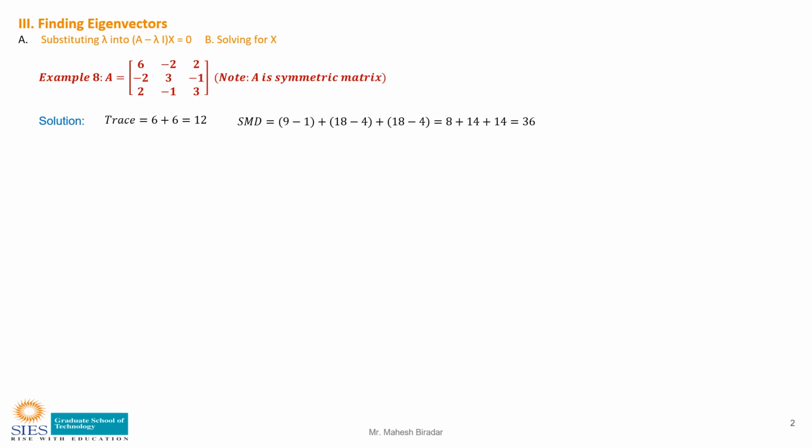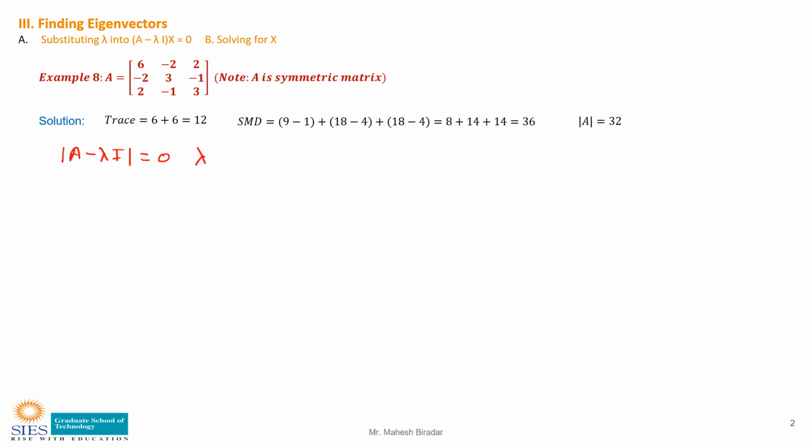As usual, what we have done in the previous example, same procedure we are going to follow to calculate SMD, and the determinant is equal to 32. After finding all these values, we have to write the characteristic equation.